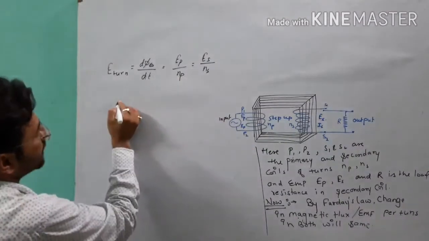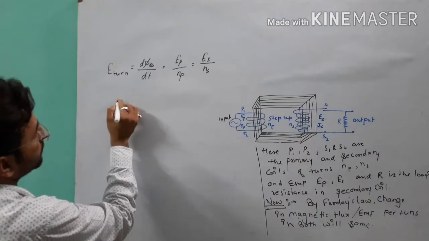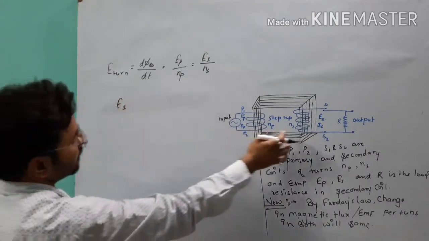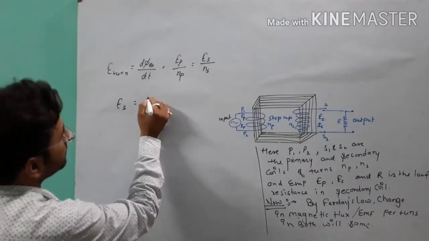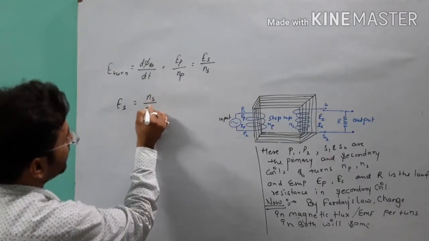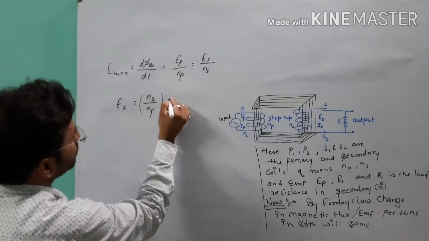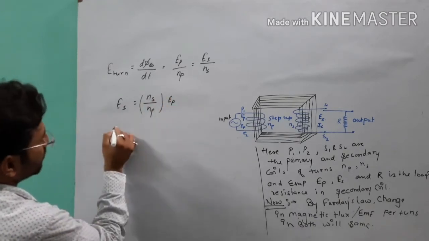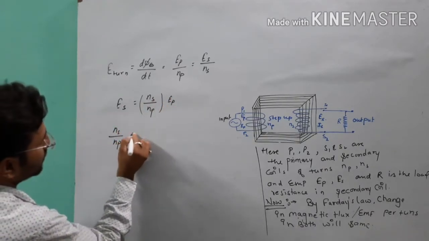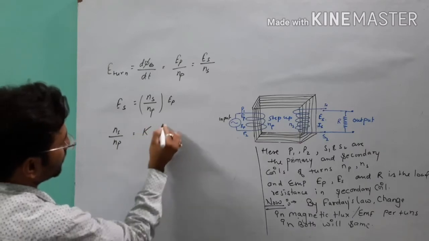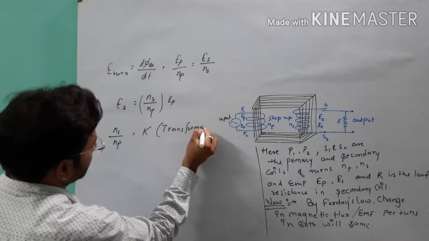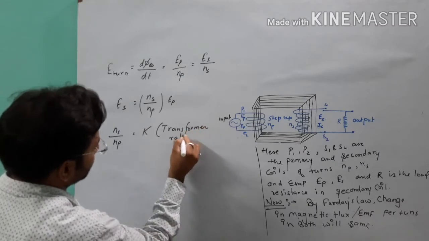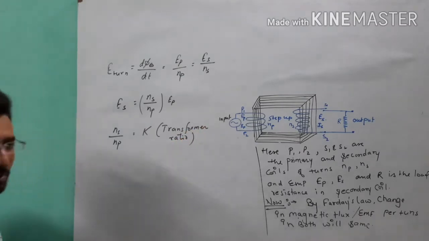By this relation we can get the value of ES, the induced EMF in the secondary coil, which is equal to NS over NP into EP. Here NS over NP is called K, which is the transformer ratio. Listen carefully students, this point is very important.